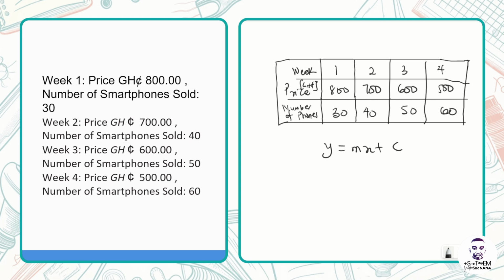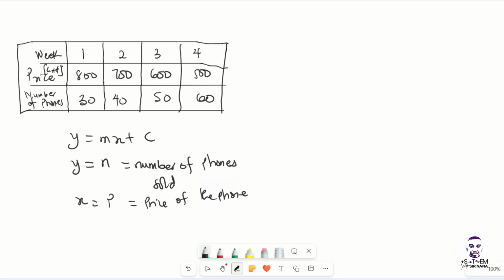Here we can say that the y will now be N, which represents the number of phones sold, and we know this is the equation of a line. And then the x will be equal to P, which represents the price of the phone. So we can say that N is equal to mP plus c.